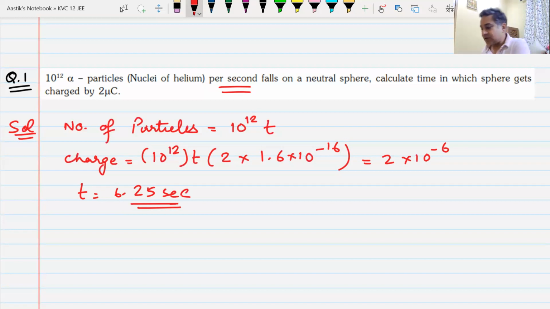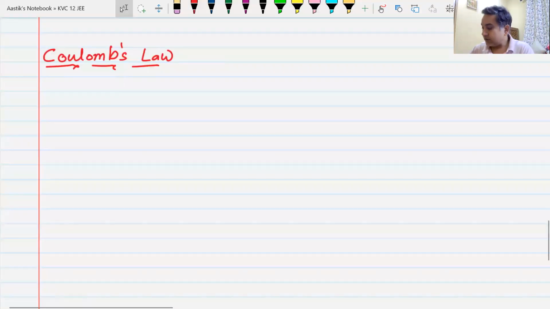That takes us to the first thing of this chapter, which is known as your Coulomb's law. Can anyone tell me what is Coulomb's law? Coulomb's law, it gives us what?